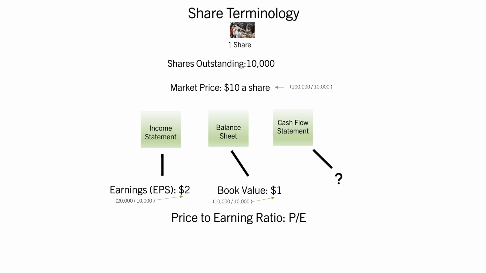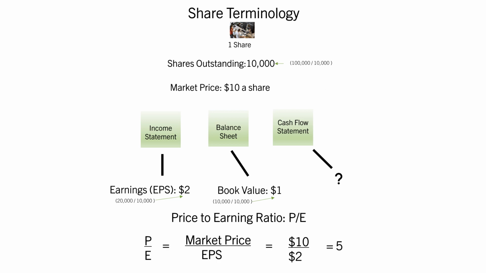And all you've got to do is, it's fairly simple. Take the market price, which is P, divided by the E, the EPS, which you know is the earnings per share.